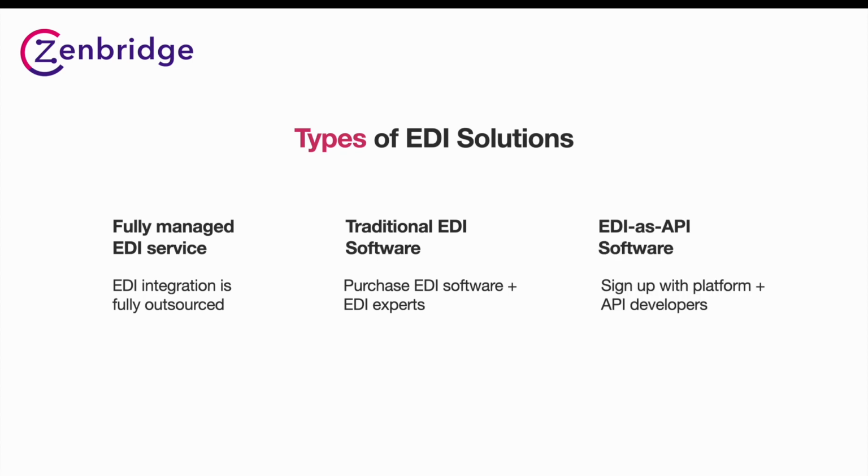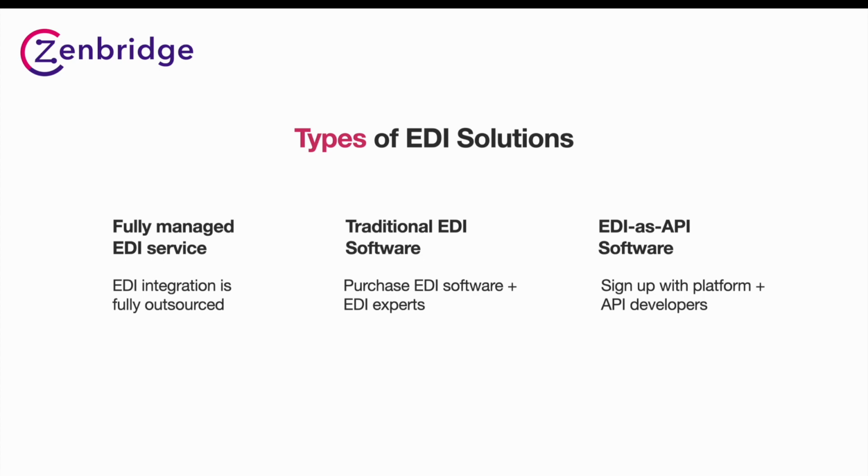The third kind or type would be EDI as API softwares. Now these are relatively new. Basically, it's very similar to your traditional EDI software, but the major difference here is you hire API developers to perform the integration, because these platforms let you send and receive EDI using API.